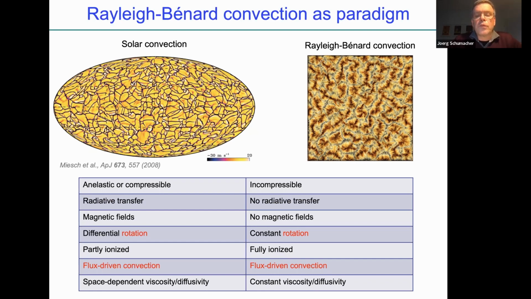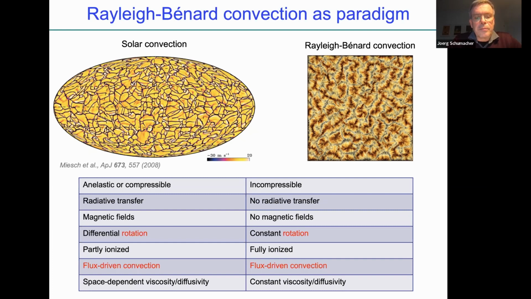And to the right, the very strongly idealized system, namely that of Rayleigh-Bénard convection. And just to make clear how strongly we simplify the physics, I have just put this table at the bottom of the slide, and you see what is all simplified.